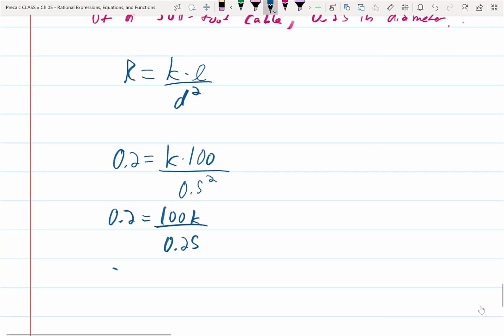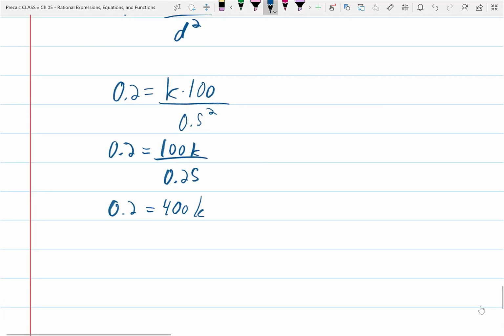And 100 divided by 0.25, if I multiply the top and bottom by 4, I get 400K. And so I get K is equal to, well, I have 0.2 divided by 400, which is 2 over 4,000, or 1 over 2,000. Or if you prefer a decimal, it is 0.0005.